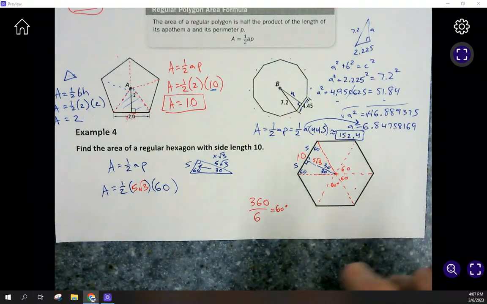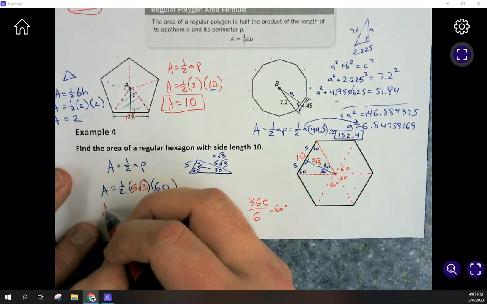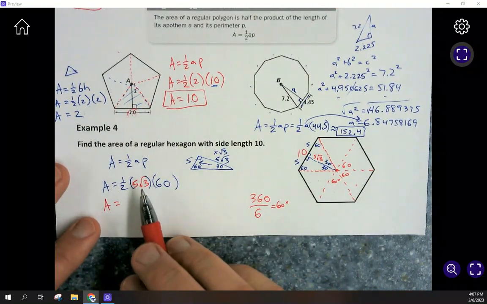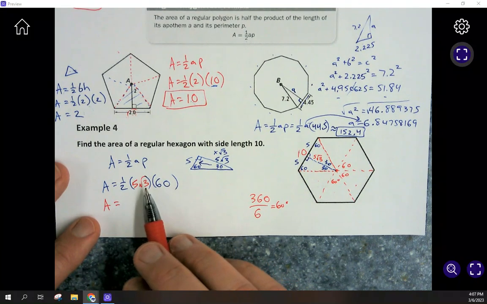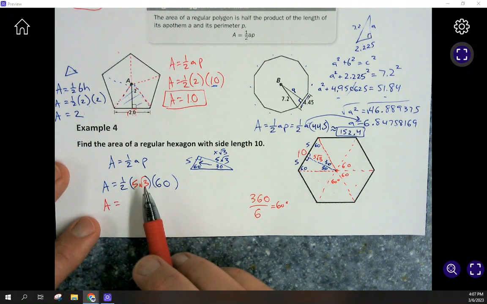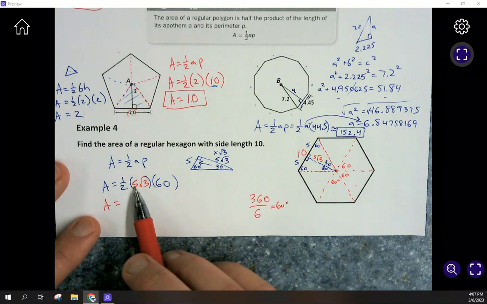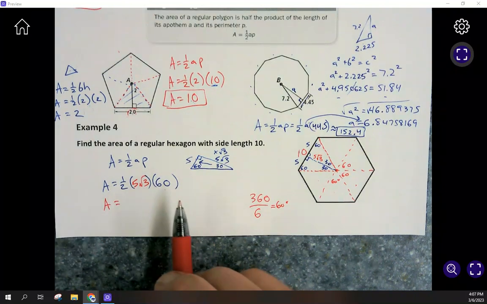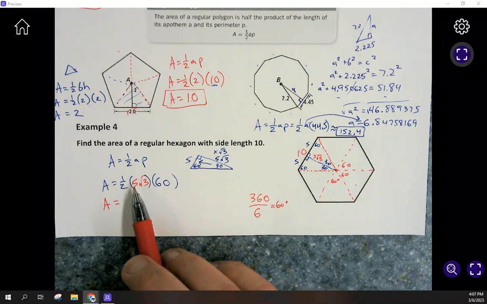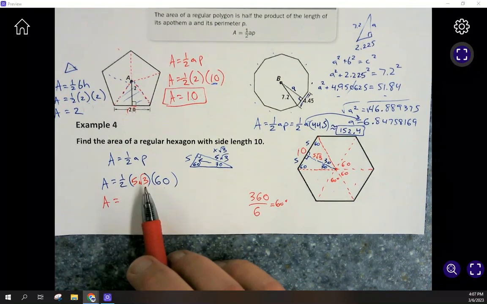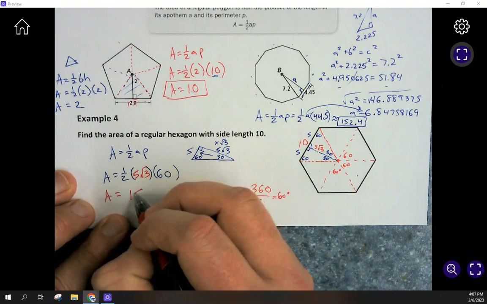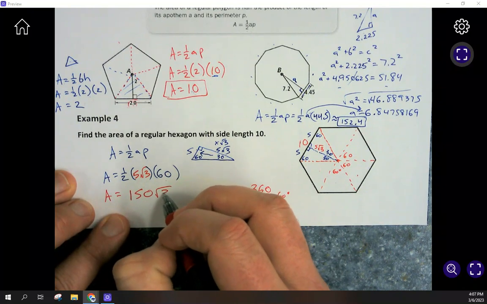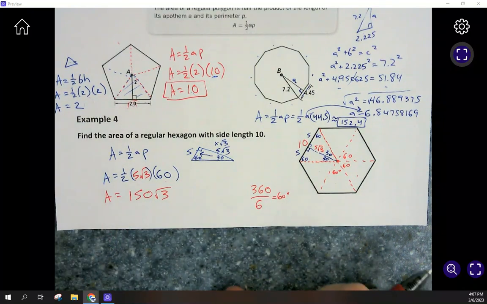And now I have enough information, I can go ahead and find the area. And so when we have these radicals in here, if you had more than one radical, you can multiply them together. But you're not going to multiply the radical with the whole numbers. The whole numbers just get multiplied with the other whole numbers. So you're going to do 60 times 5 and take half. The radical 3 will just tag along, and that comes out to 150 radical 3.